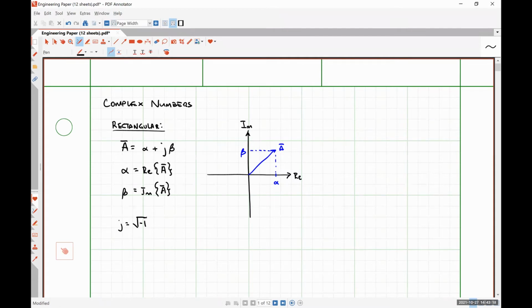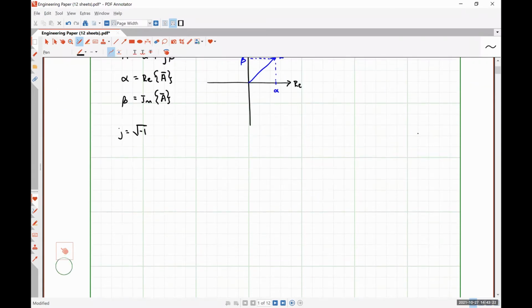Many of your calculators can only deal with J to certain powers. So I want to talk about the different powers of J, and I'm going to develop a little table here, all right? So here in the middle, I'm going to put J to the 1.